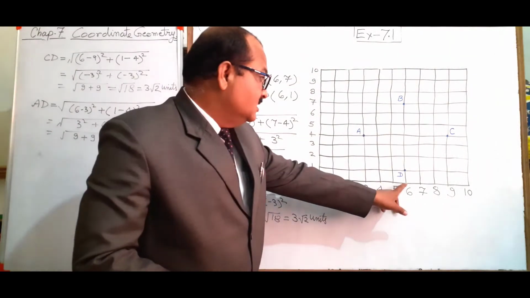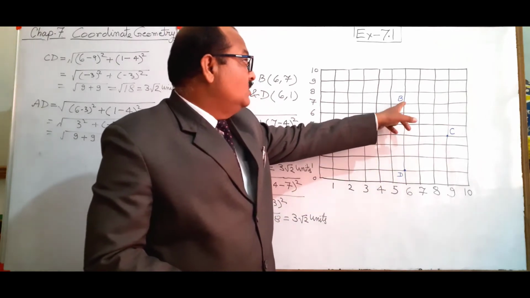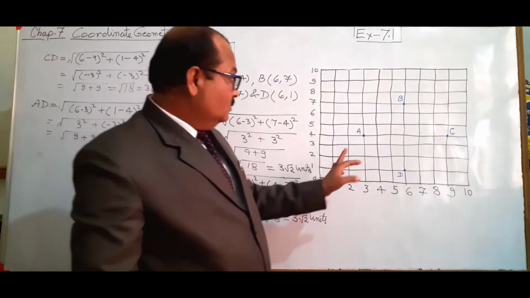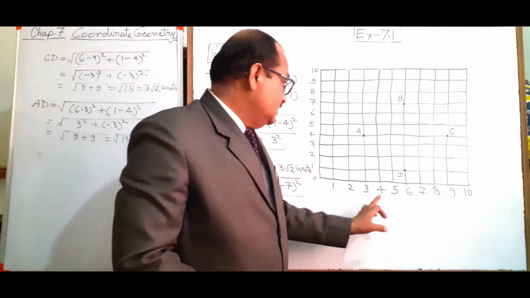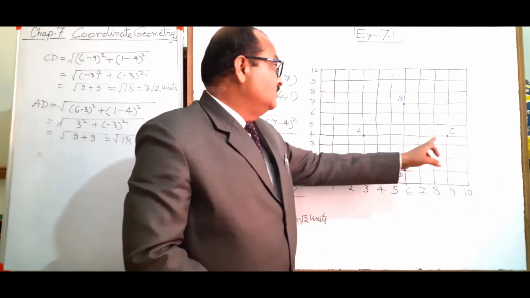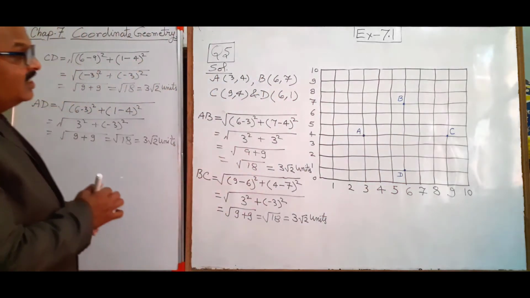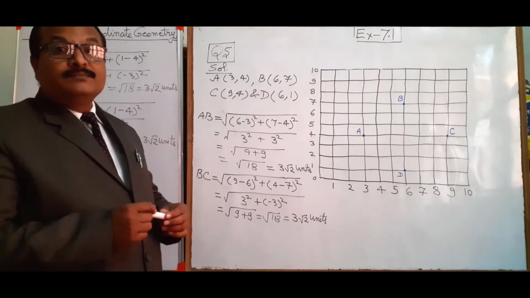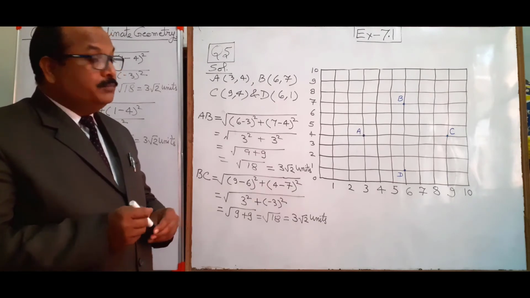You can see it is 1 unit and it is 7 unit. So length of diagonal BD is 6 unit. Now the length of diagonal AC, it is 9 and it is 3. So 9 minus 3, length of diagonal is again 6 unit. Since here it is told to find using distance formula, we have to prove it.